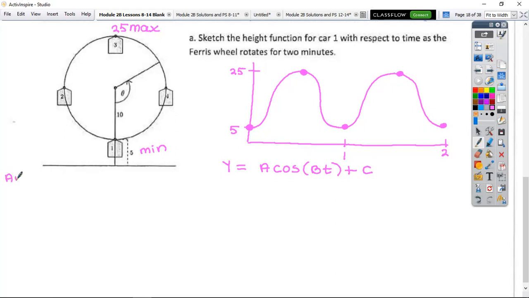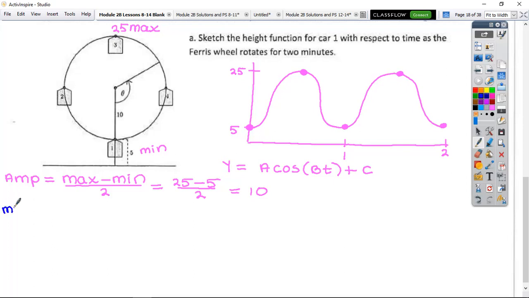Amplitude, you did this on homework, is equal to maximum minus minimum divided by 2. So maximum is 25. Minimum is 5, divided by 2. So 10.